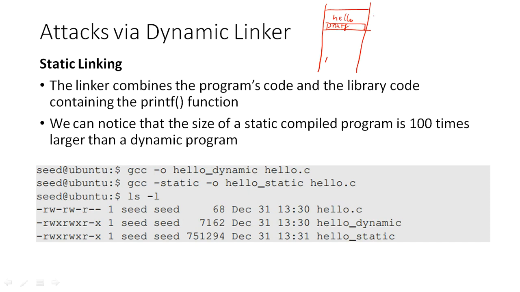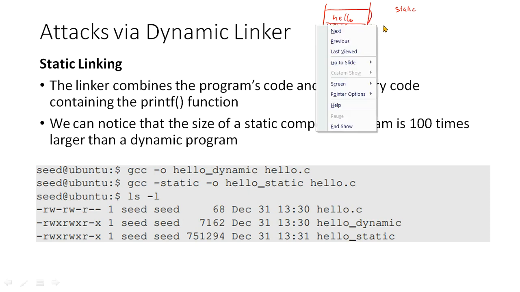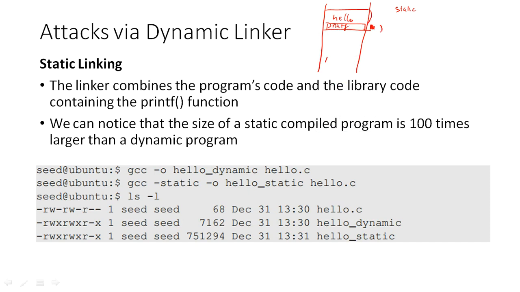So if everything is static, that means the code of the printf should be part of the executable binary. So our program hello world has to include the binary code of the printf function as part of this binary compilation, right?